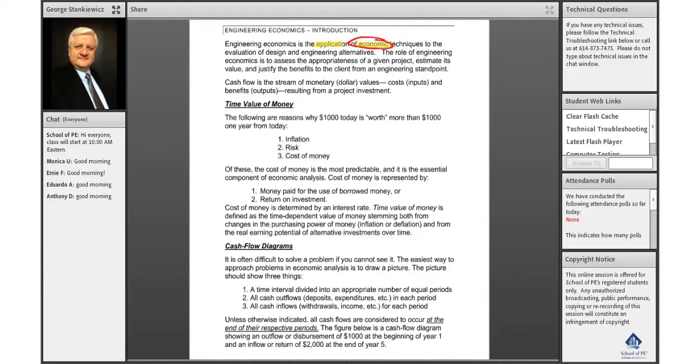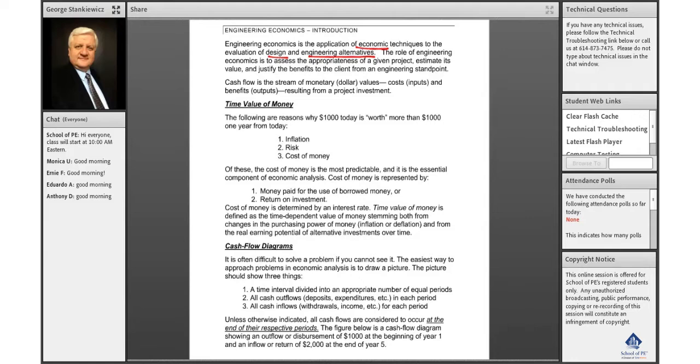So it's not only dollars, it's also a progression of information in a problem statement that's disguised as engineering economics, but it's in a potential problem that you may have on the exam.